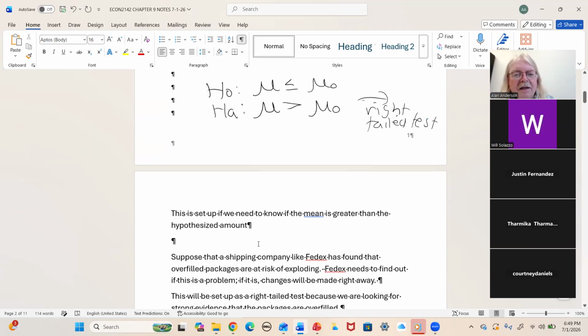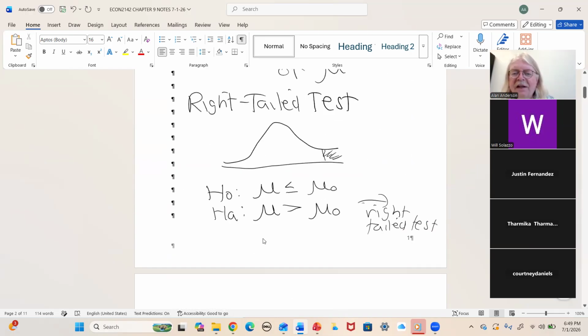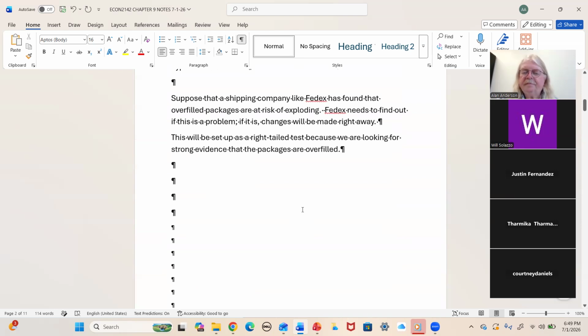Now, the second possibility, as you can probably guess, is the left-tail test. And the only thing we have to change is the direction of the inequalities. And remember too, this is sometimes called the lower tail test.